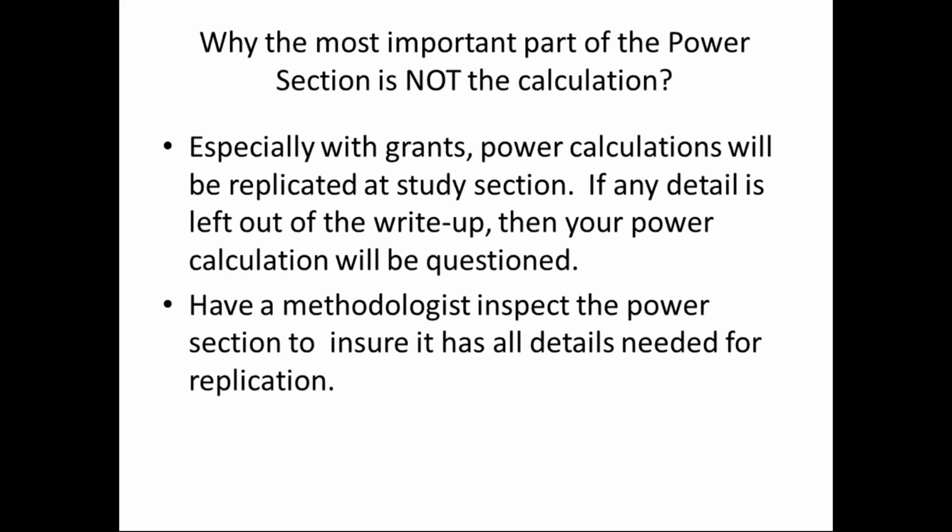And then when you get a null result, if you unfortunately do, in your discussion, you can say, we assumed we would be able to detect a difference of this magnitude. Our data provided this estimate. Clearly, our estimate is much smaller.